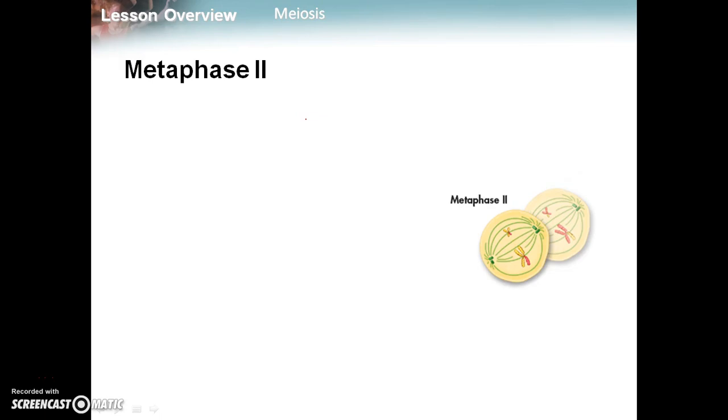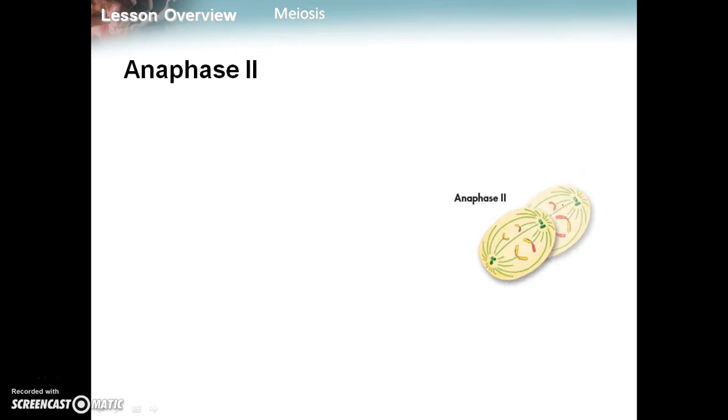During metaphase 2, our chromosomes line up. So you can see our chromosomes lining up in both of our cells. In anaphase 2, the chromatids are going to separate. So our chromatids are separating.